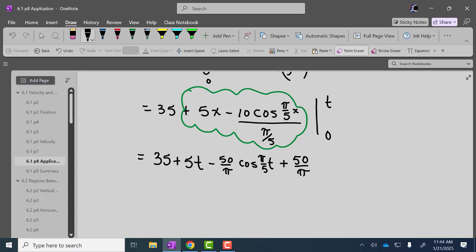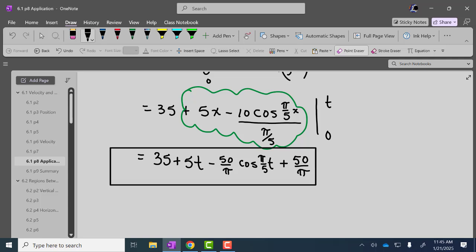Everyone agree that that should be positive 50 over pi? So when we plug in the t, we get this thing right here. When we plug in 0, that goes to 0. That goes to 1. We're subtracting off that whole thing evaluated at 0. So minus a minus is positive. Pi divided by 5 flips and gives us 50 over pi. That is our answer. So we don't have any way to combine these constants, so we can just leave it like that.